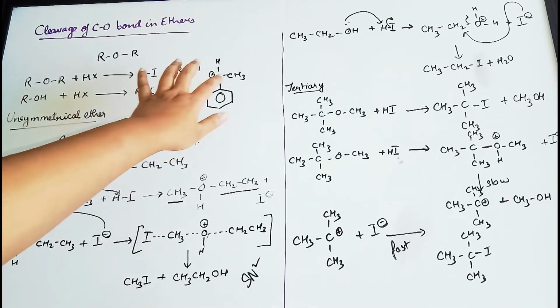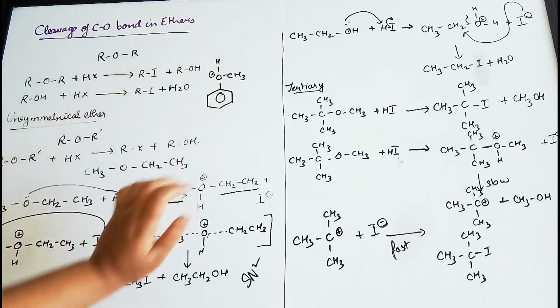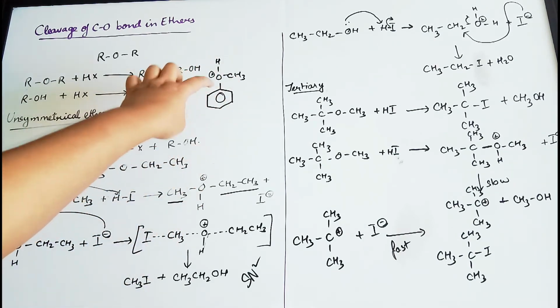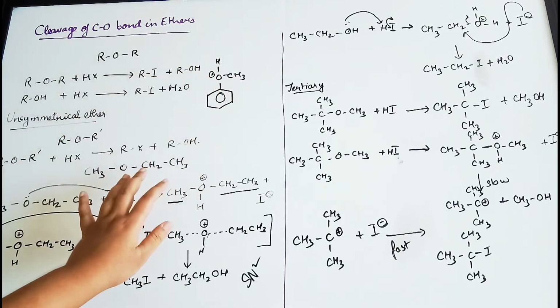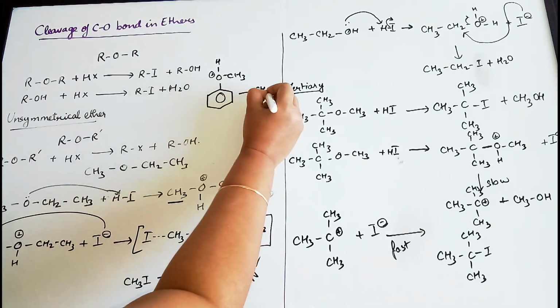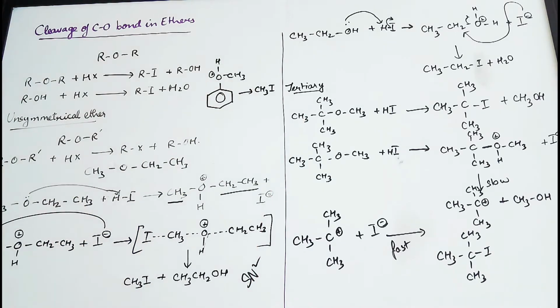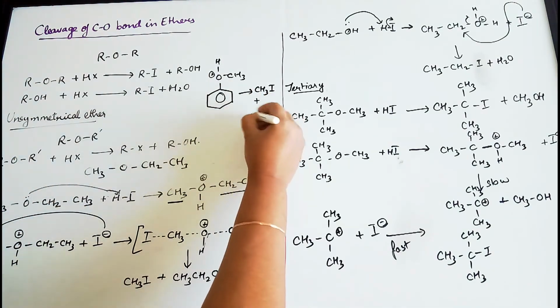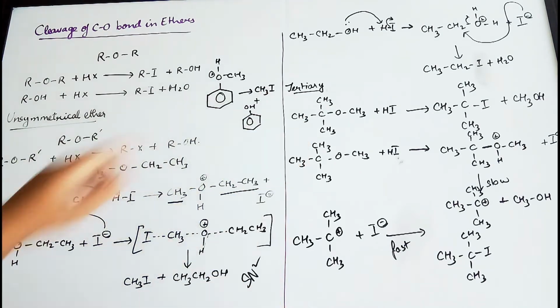Now the CH3 is less substituted than this carbon atom, which is attached to other carbon atoms. So the CH3 is going to form CH3I if we are reacting with HI, and there is a formation of phenol because you have the OH.